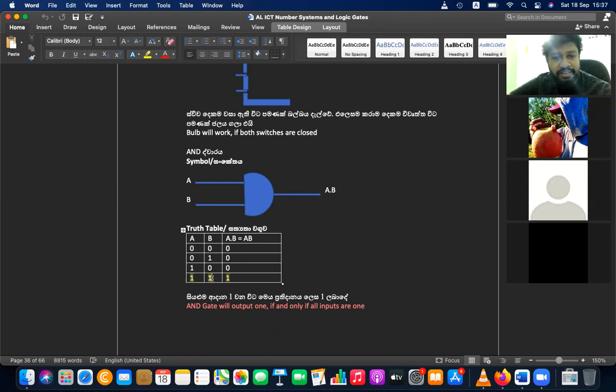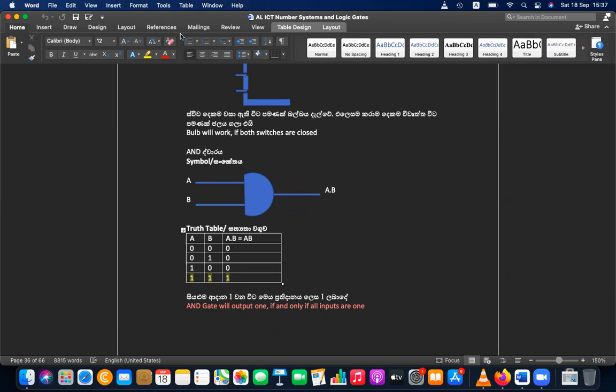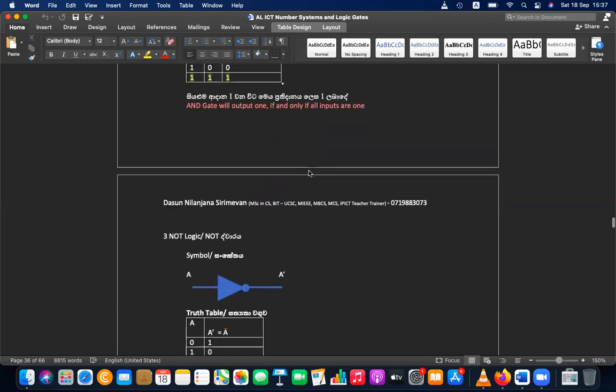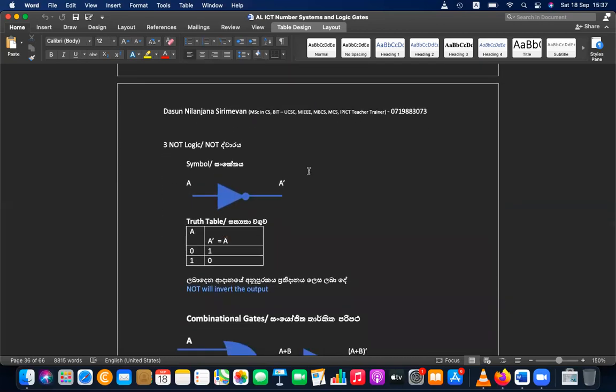If both inputs are 1, then only the output is 1. That is about the AND gate. The third one, NOT gate, we learned about this as well.